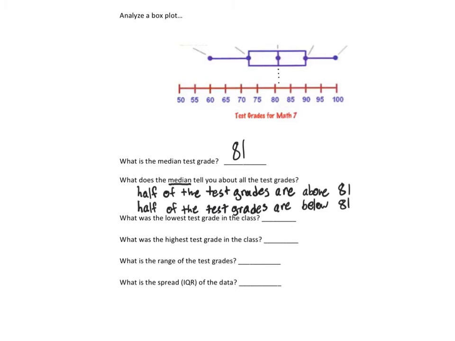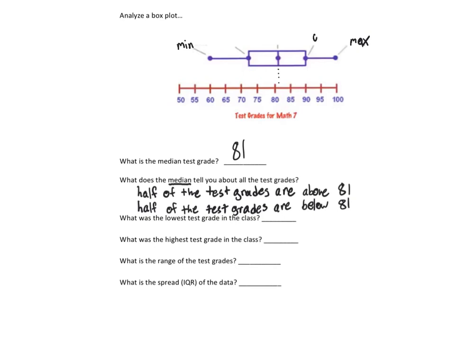Next question, what's the lowest test grade in the class? For this, we're not actually looking at the box. The lowest is that minimum that we learned earlier. So we can label this graph to help us out. This is our min. This is our max.